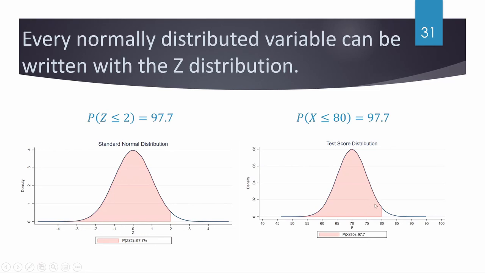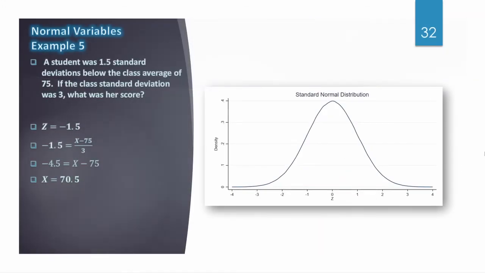If you move 2 standard deviations above average, you'd have an 80%. And we can see that the area represented by test scores less than or equal to 80% is 97.7%, the same exact thing when we write that in terms of a z-score.